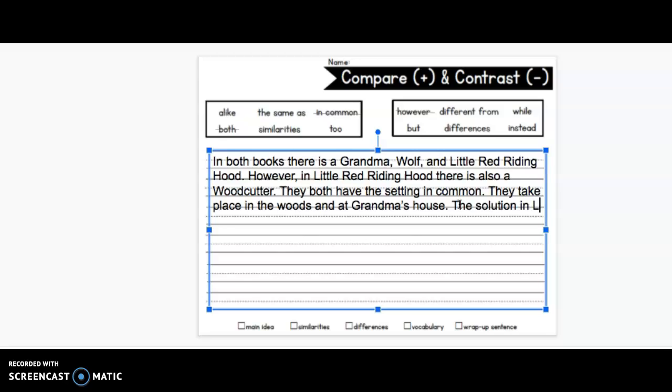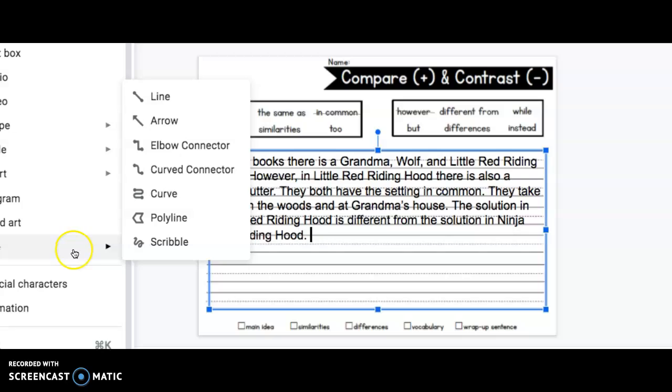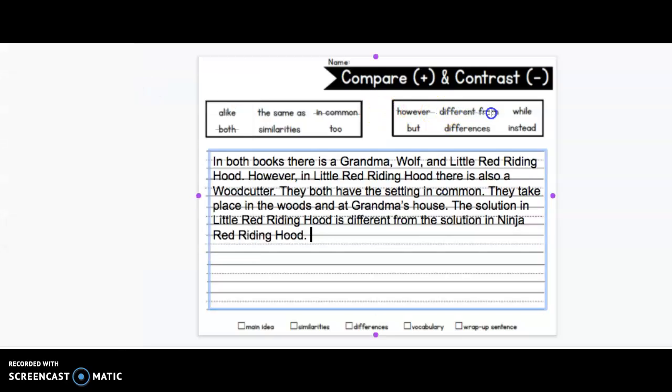The solution in Little Red Riding Hood is different from the solution in Ninja Red Riding Hood. Okay, now I've used the words different from, but I'm not done yet. I have to tell my readers what both of those solutions are. Okay, so now I'm going to tell them. The woodcutter comes and saves them.